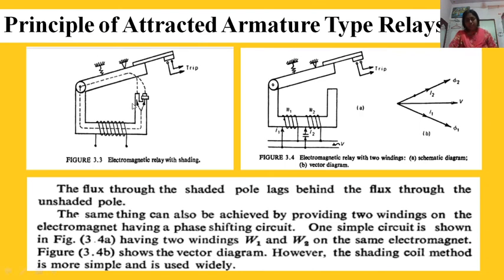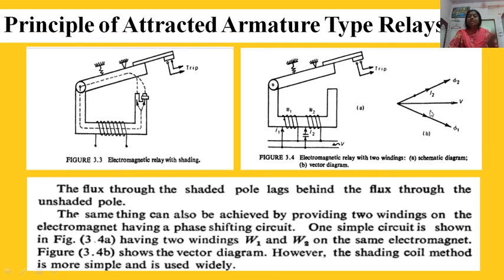In this, as we have two paths, the flux passing through this core will lag behind this flux, while the flux due to this I2 will lead I1. So we will get these two quantities, and finally the resultant will always be positive.